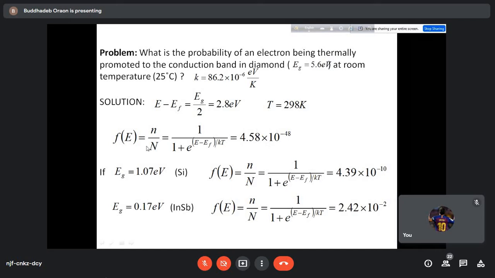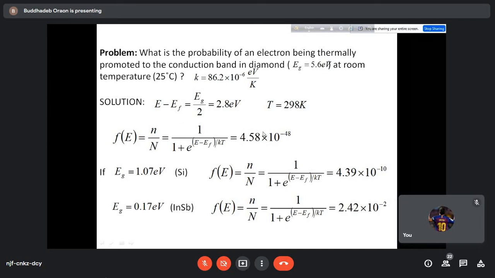This value indicates the probability. Probability means small n divided by capital N. So out of capital N number of electrons, only small n number of electrons will go into the conduction band from the valence band.